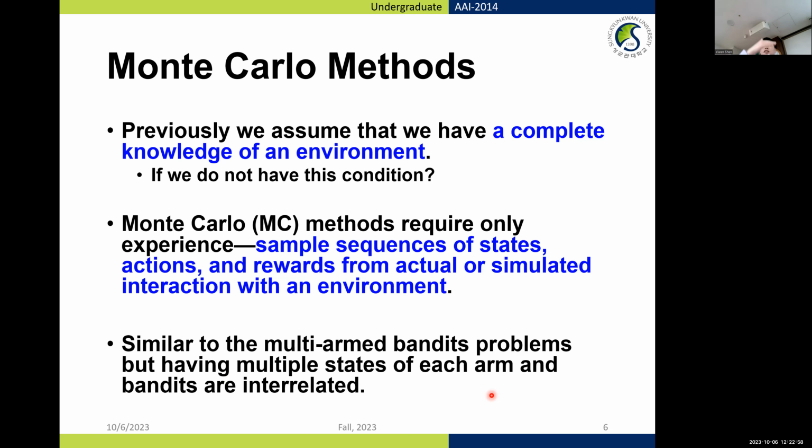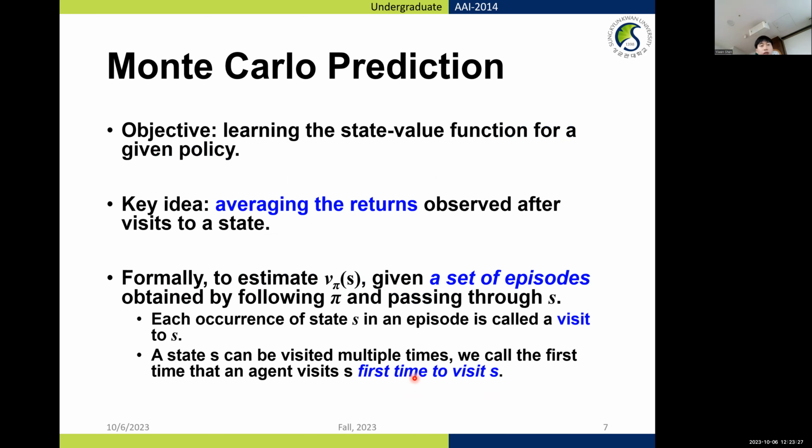It doesn't need a model or knowledge of the environment; it evaluates based on experience. This is similar to the multi-armed bandit problem, but in a bandit each arm has no state, just an action and a return, whereas MC has multiple states.